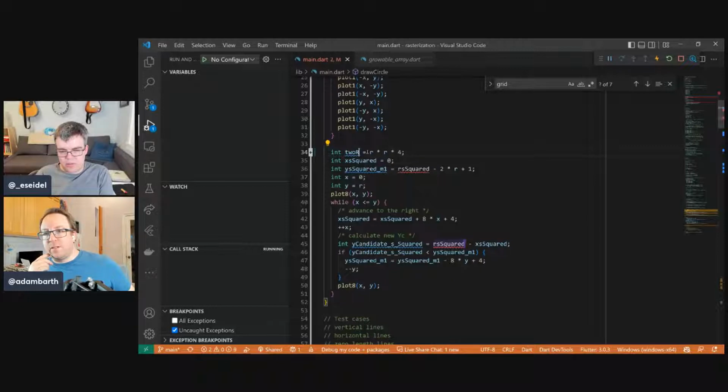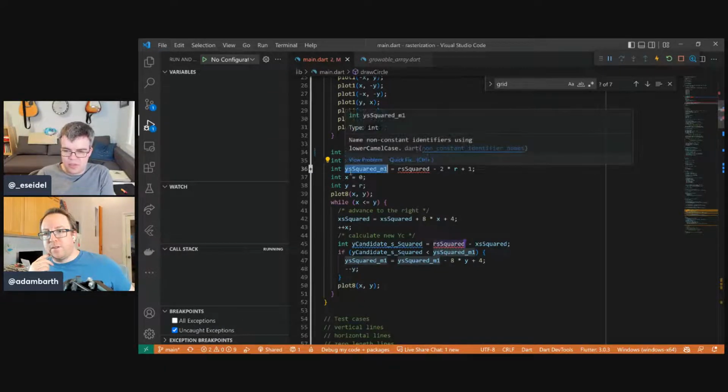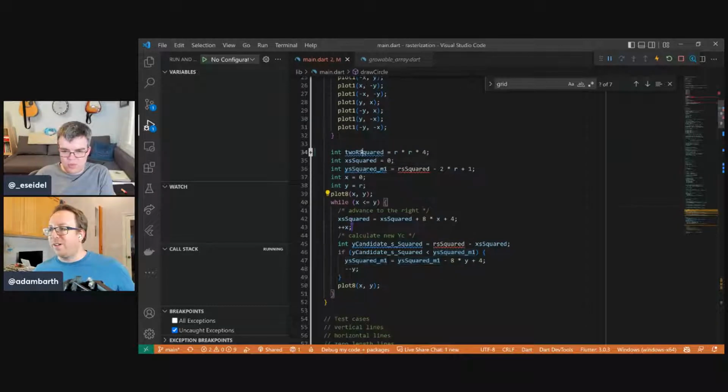This is 2r squared, right? And well, there's like a parentheses in there, right? Like it's not 2 times r squared, it's 2r squared. Fine, we can leave that as whatever, but so this is 2r.